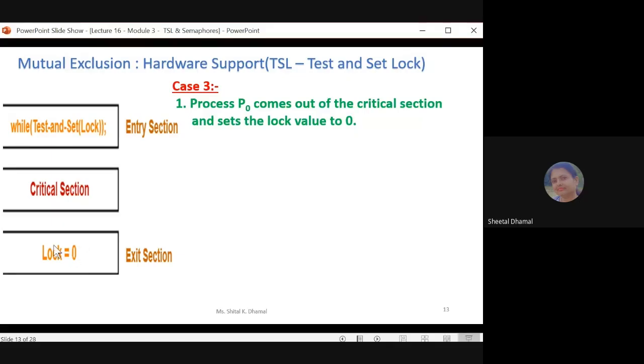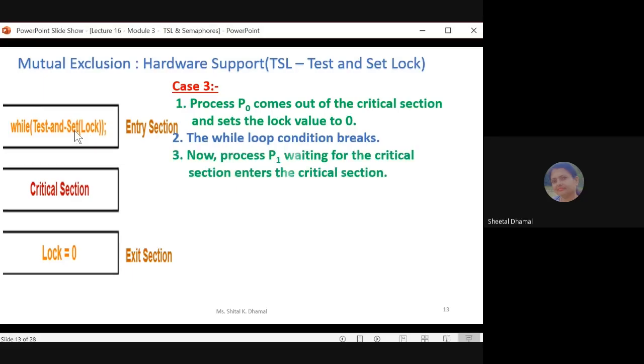When it comes out, it has to execute the exit section code. In that case, it will change the value of the lock from 1 to 0, so the while loop condition breaks for process P1, which was waiting for the critical section, and now it can enter into the critical section.